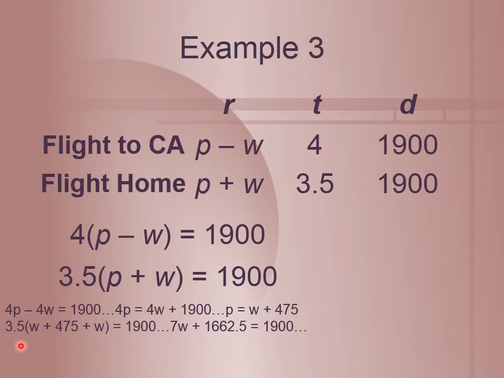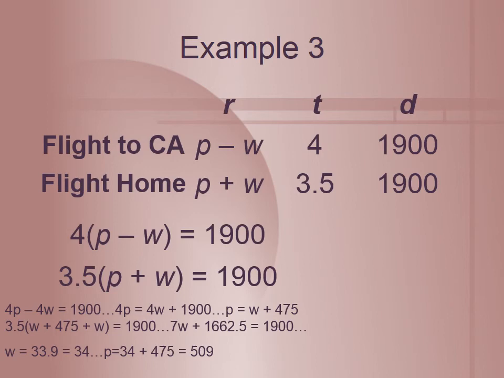So now distribute 3.5 times W, that's 3.5W, and then 3.5 times 475 is 1662.5 equals 1900. Now I can solve for W. So I'm going to subtract 1662.5, and then I'm going to divide by 7. And when I do that, I get 33.9 decimal.